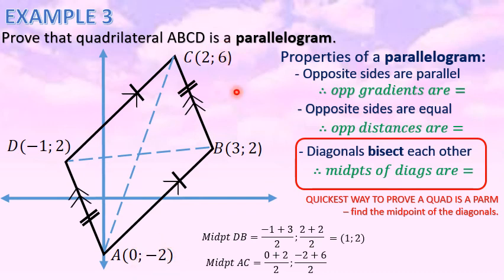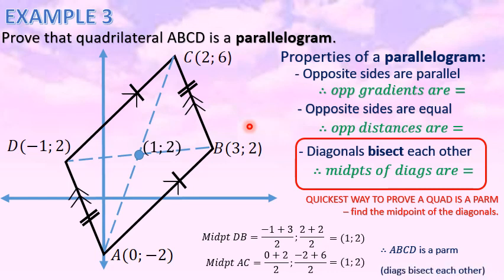The average of the y values is negative 2 plus 6 divided by 2. And once again, you get the coordinate (1; 2). So that means that midpoint right there is in fact the midpoint of each of the diagonals of this quadrilateral, and so this quadrilateral is a parallelogram.